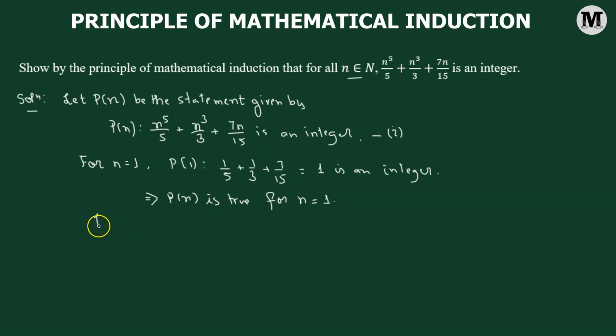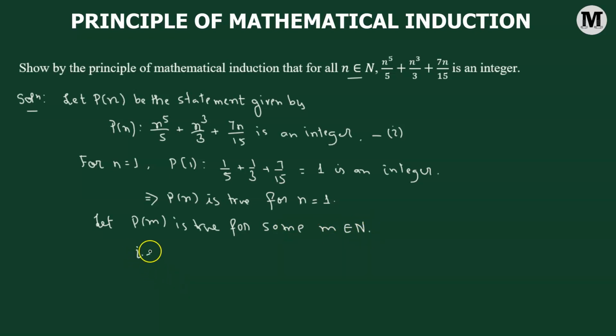First, let m belong to the set of natural numbers, and let us suppose that P(m) is true for some natural number m.